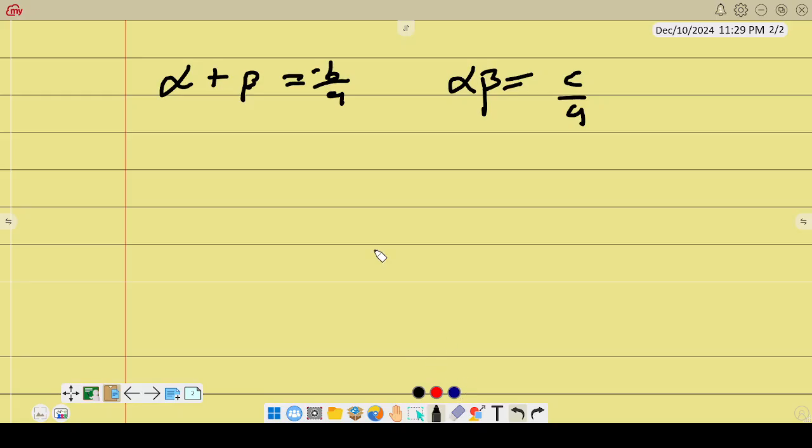The equation of a new root, the new equation, it's x squared minus sum. So the sum will always have an x, and then plus the product.